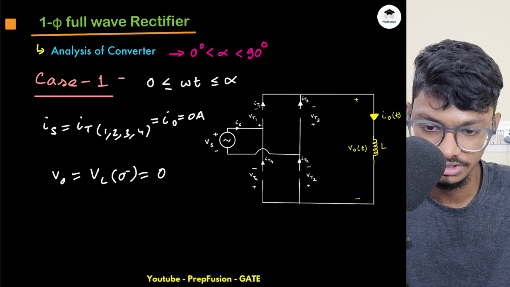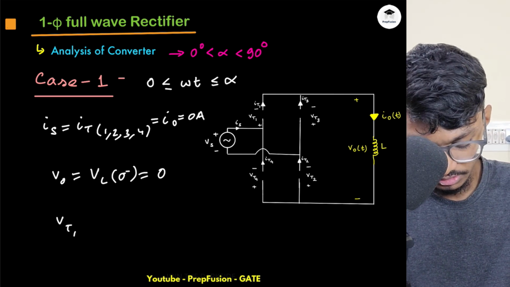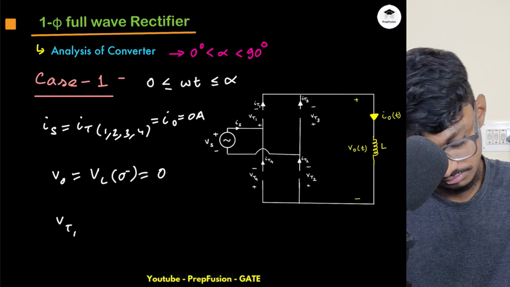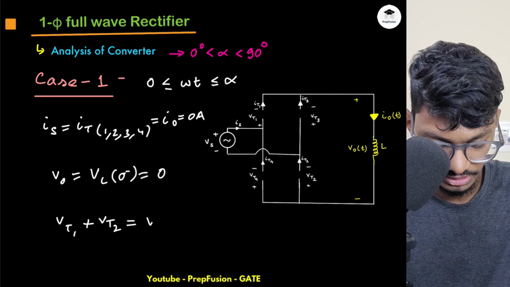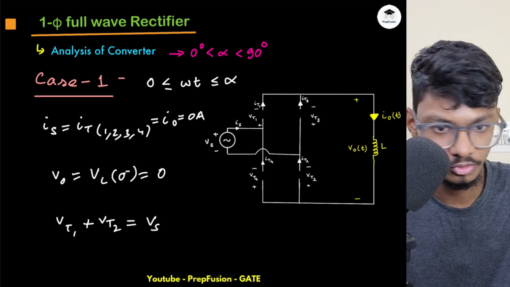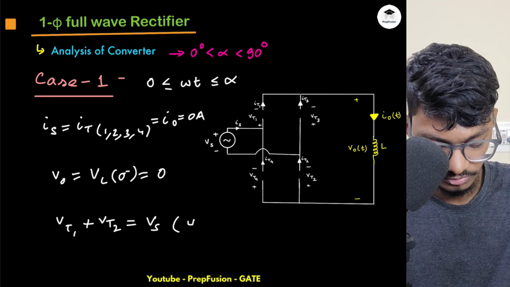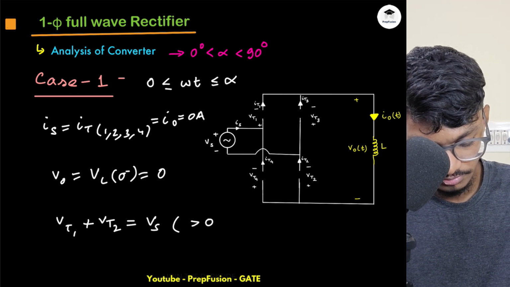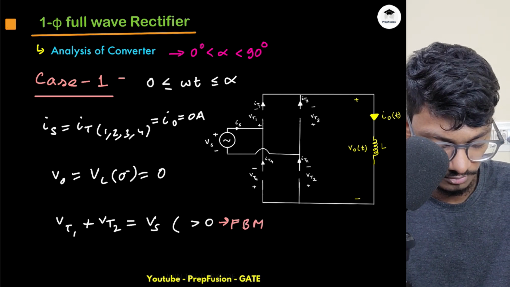As there is no change in current, the output voltage will also be 0. So what will be VT1 plus VT2? VT1 plus VT2 will simply be plus Vs because they are in the forward blocking mode. It will be greater than 0, hence both of them will share the voltage and both will be in the forward blocking mode.